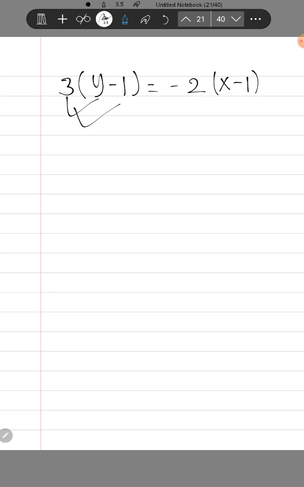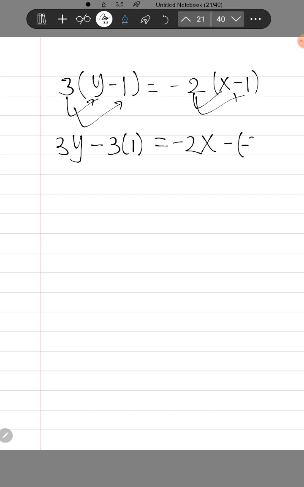Here we apply the distributive property. 3 times y minus 3 times 1 is equal to minus 2 times x minus 2 times 1.